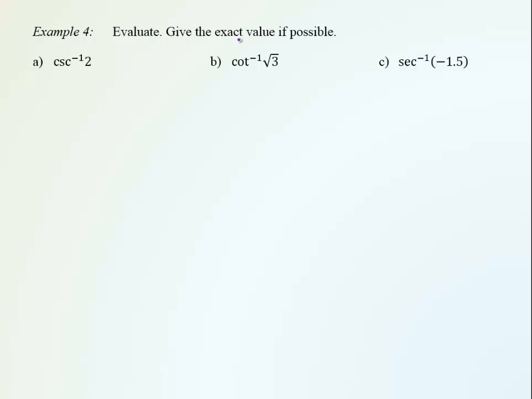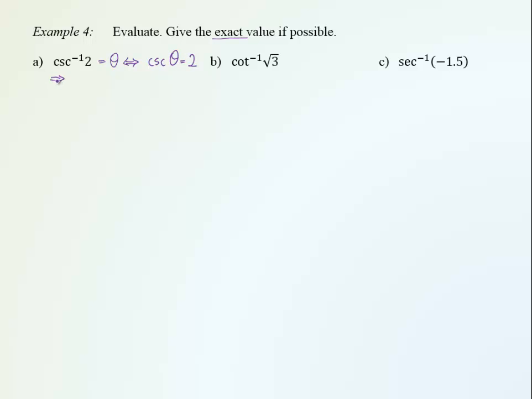Okay, so let's make use of the properties that we learned. We need to evaluate the expression by giving an exact value if possible, and if not possible, then by calculator. So the first example is find arccosecant of 2. Remember that any arc function gives you an angle. So let's call this angle theta and translate this into a regular function. So this is theta if and only if cosecant of theta is equal to 2.